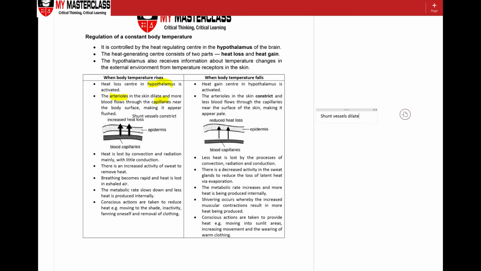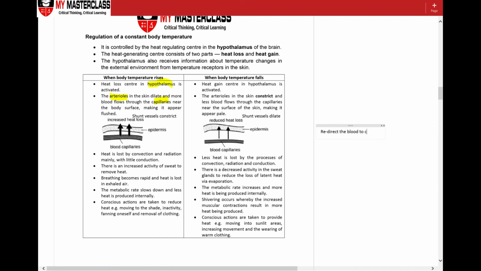Okay, so when your shunt vessels dilate and your arterioles along with capillaries constrict, that will bring blood away from the skin surface. Okay, so when it brings the blood away from the skin surface, it helps to redirect the blood to core organs such as your heart.